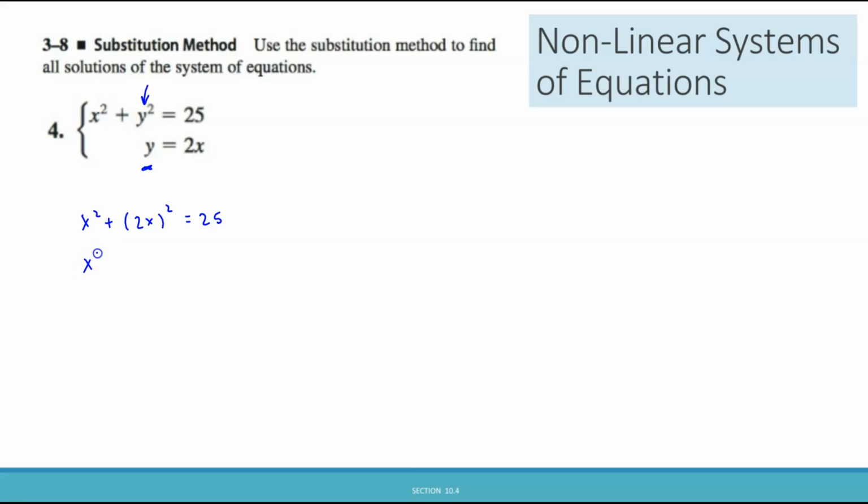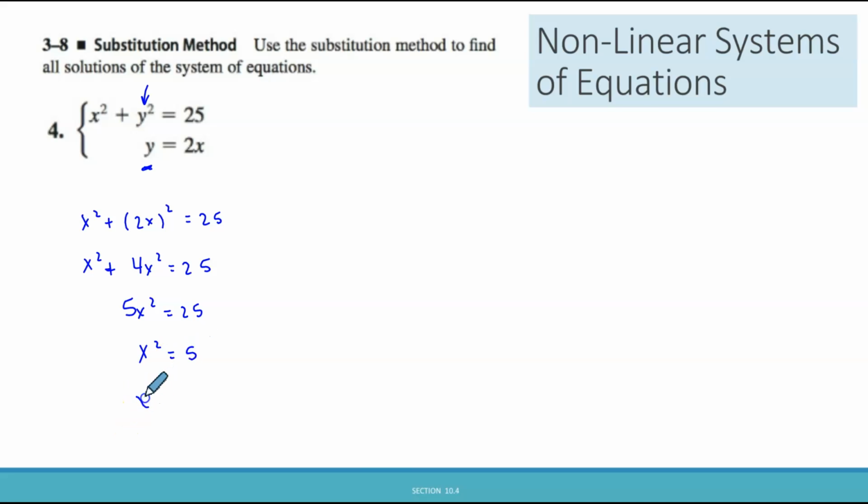If I take 2x times 2x, that's 4x squared, so x squared plus 4x squared equals 25. Combining like terms, 5x squared is 25. Dividing both sides by 5, we get x squared equals 5.